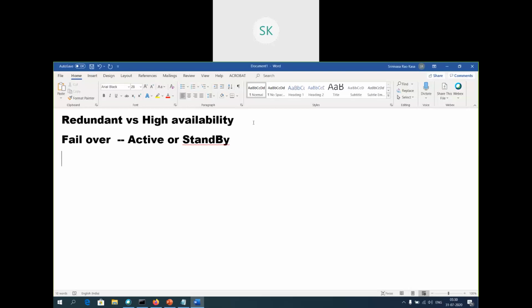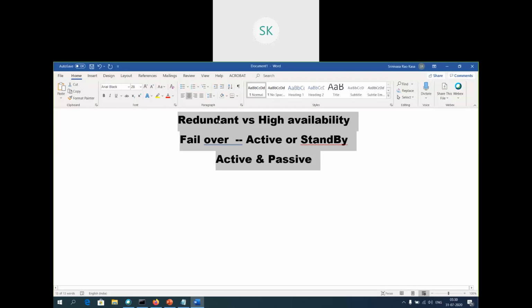They call it active and passive. What are these terminologies we need to understand before going for RAID? Redundant and high availability are very critical components in virtualization or in a cluster configuration. What is a cluster? All those things come into picture.